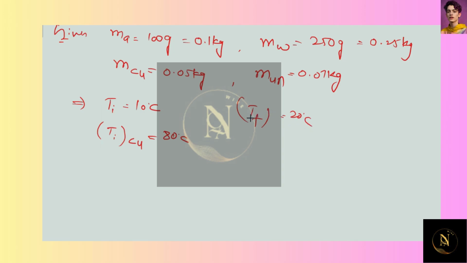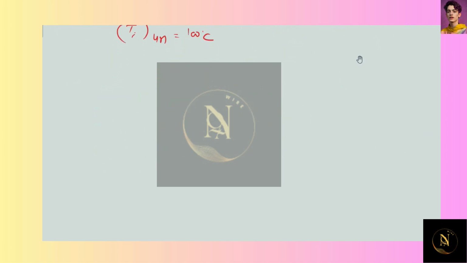The initial temperature of the unknown block is 100 degrees Celsius. Now these are the given data.